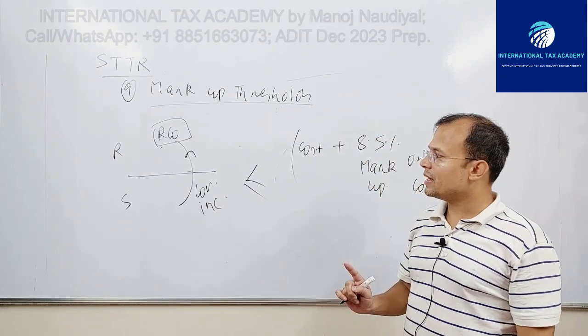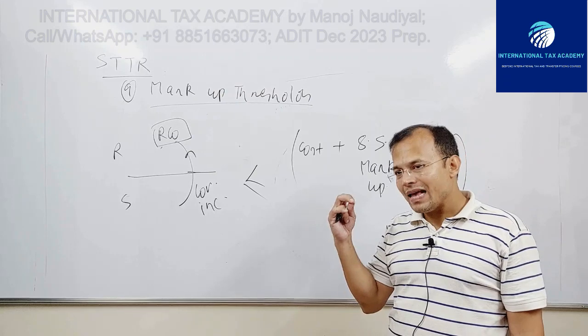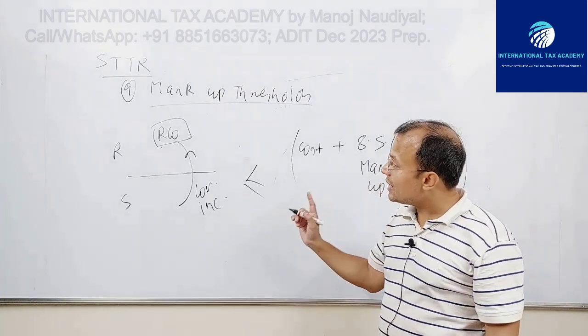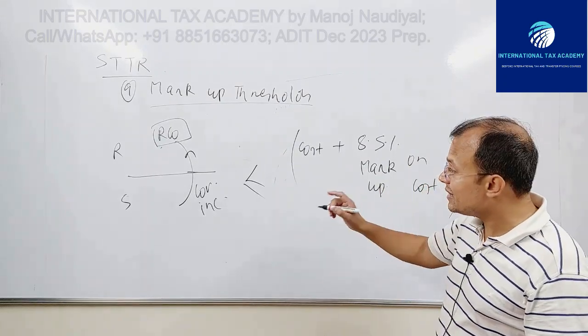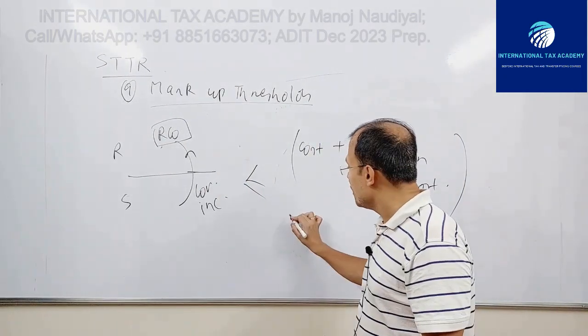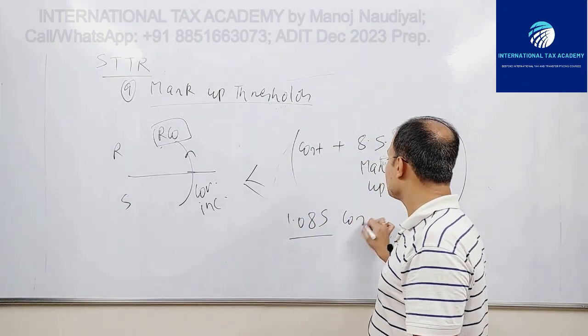So if S state has to gain a taxing right, then this covered income has to be more than 1.085 times the cost.